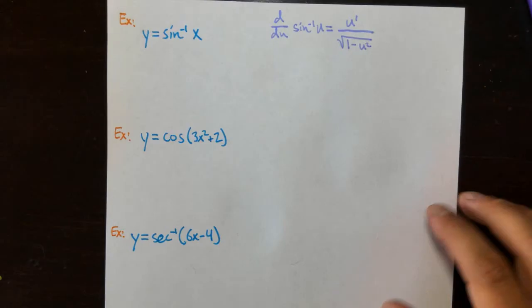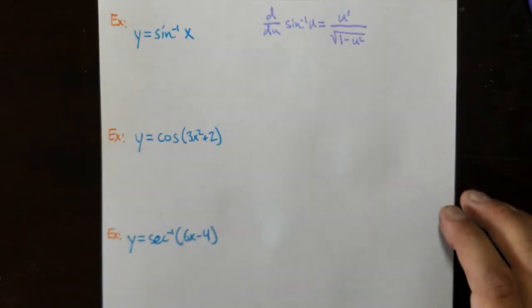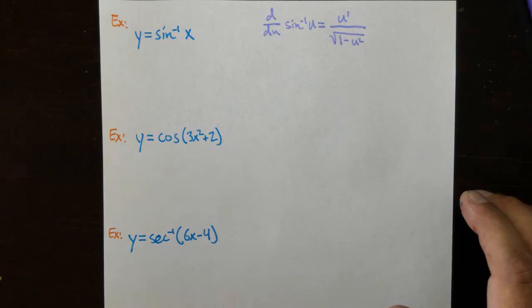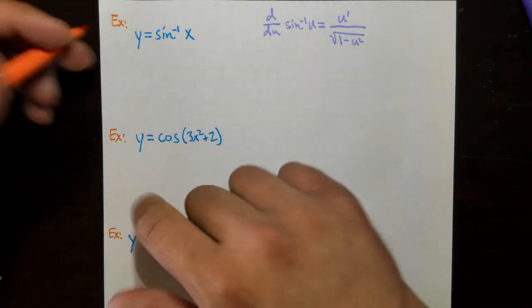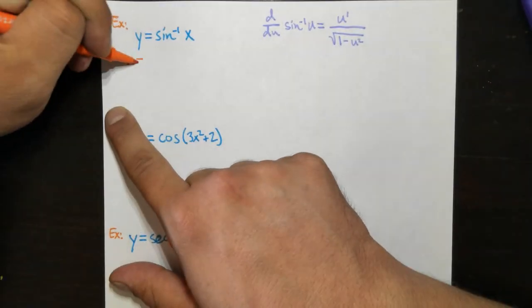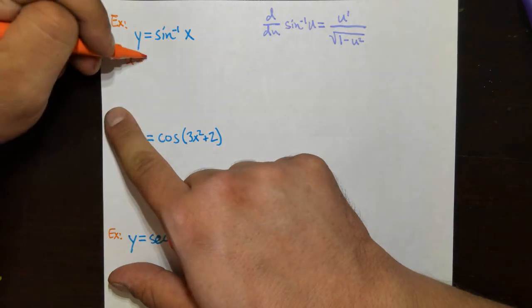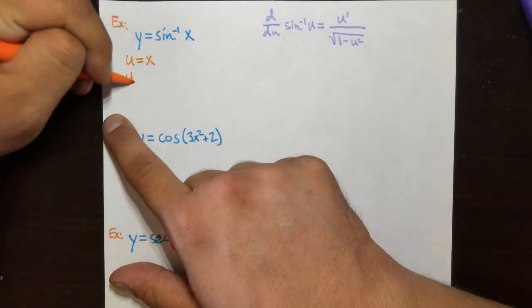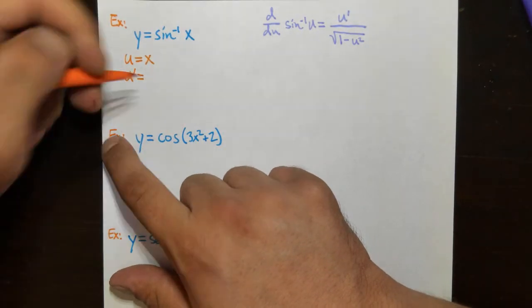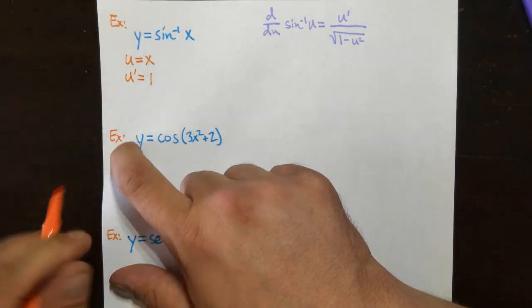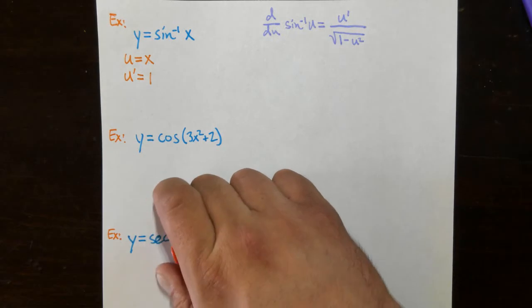So first let's define u and let's define u prime, okay? And then we can just plug it right in. In this case, u is just x, and u prime is just 1, the derivative of x. So now we have everything we need to plug it in.